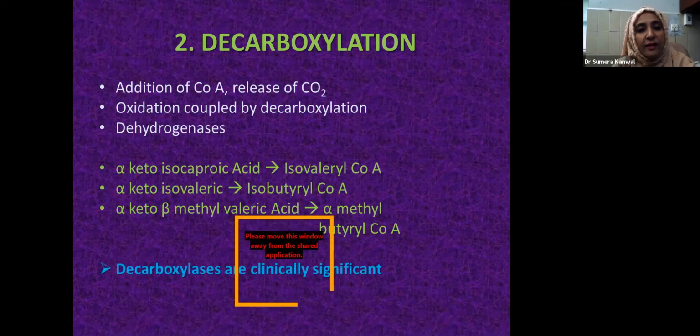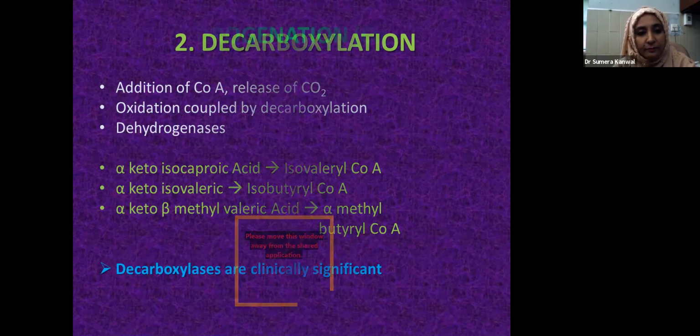These dehydrogenases or decarboxylases are clinically significant. Their deficiency may lead to different abnormalities, which we'll discuss in a later session of this lecture.